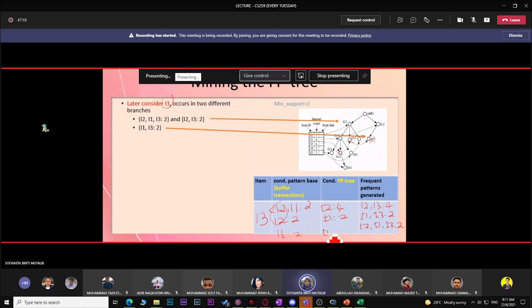Doktor nak tanya yang con FP3 tu macam mana dapat 4 dengan 2? Yang mana? Dekat con FP3 kiri dia. Yang ini ke? Step sebelum yang ni. Yang ni sebab dia occur sini 2. I2 count dia 2. Okay, and then for the branch here dia ada 2 branch di sini.